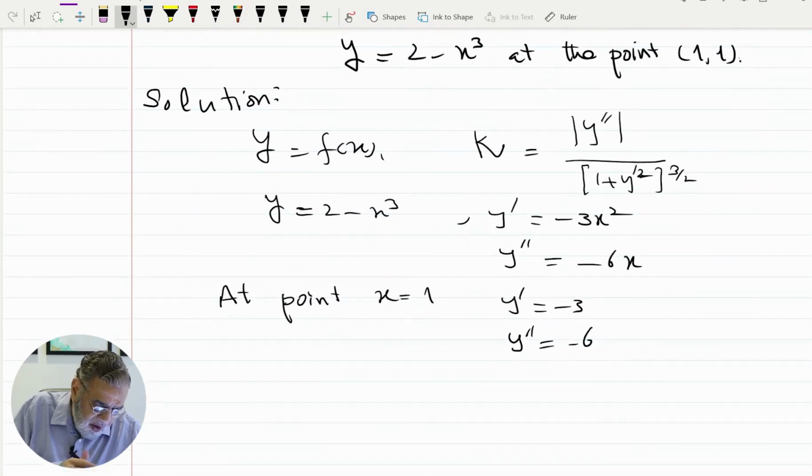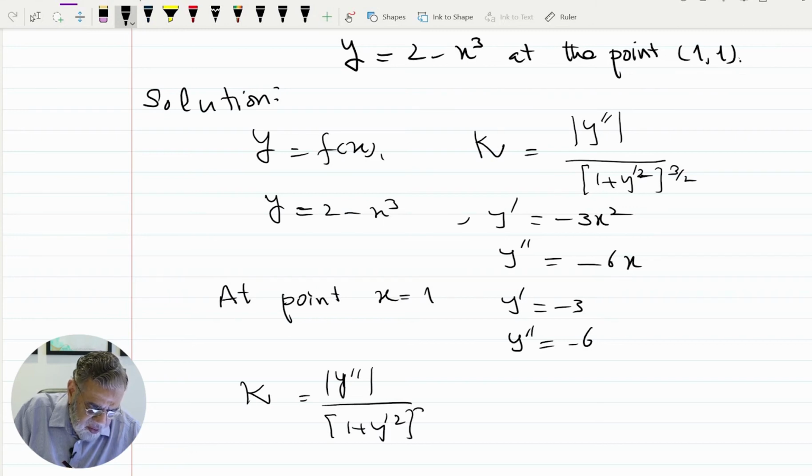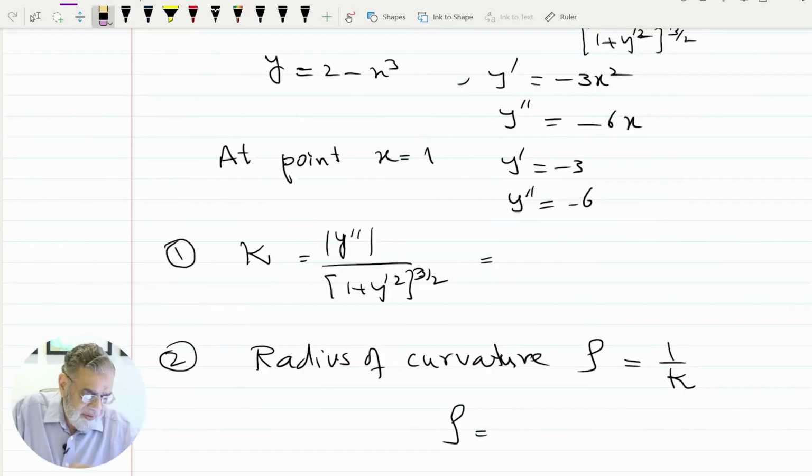So I substitute into the formula: the curvature kappa is equal to the absolute value of y double dash over (1 plus y dash square) to the power 3 by 2. We applied this formula last time, and I gave an example to you also.